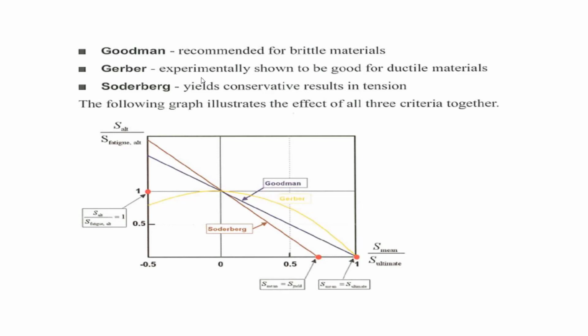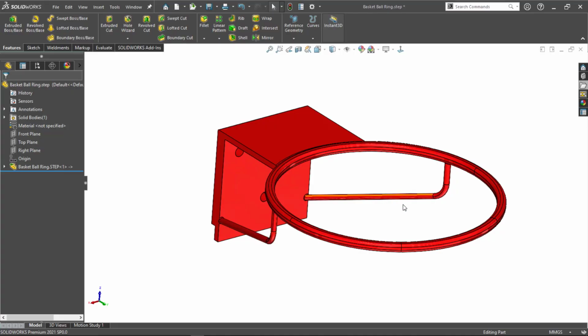Remember that, Gerber. This is the curve used to deal with ductile materials. And the Soderberg is the curve which we refer to when we want conservative results in tension. So you could see these are all the curves and how they are going to be implemented on the results.